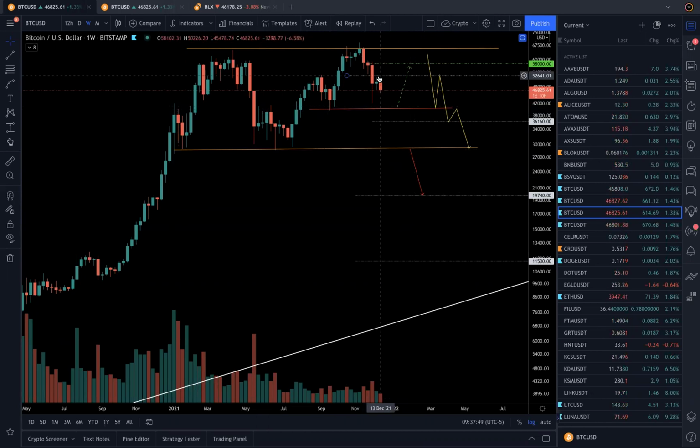But to me, it's always late for someone to then do something, because once it touches here, the loss would be huge. When it touches here, then you're too late, because the alts would have corrected by 70-80% already, right? So that's my point.